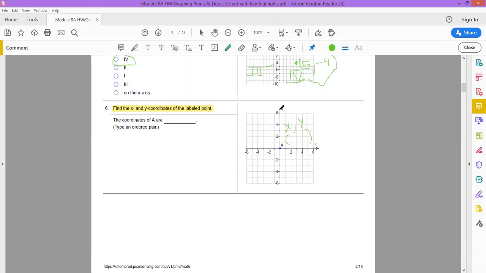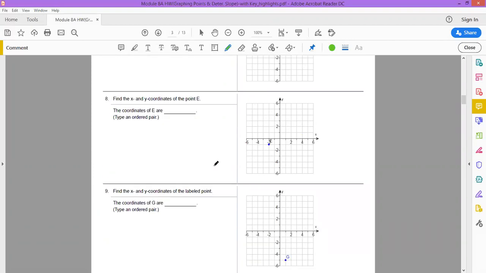If you look, you'll notice your y-axis and your x-axis intersect at this point, letter A. You haven't moved from that intersection, so you're at 0 on the x-axis, and you haven't moved up or down on the y-axis, so you're at 0 and 0. At (0, 0), that point is also called the origin. But you're asked to identify the ordered pair, so you would list (0, 0).